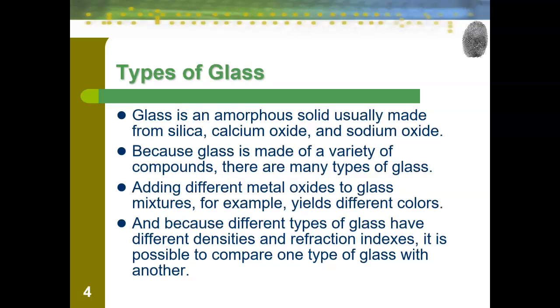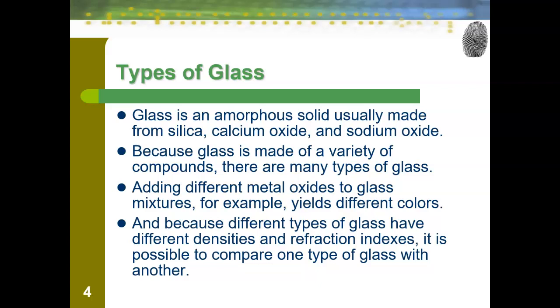As far as types of glass are concerned, glass is an amorphous solid, like we just talked about, and it's typically made from silica, calcium oxide, and sodium oxide. Because glass is made of a variety of compounds, there are many different types of glass. So we can make glass with different compounds to give it different properties. And we want glass to have different properties depending on what its function is going to be.